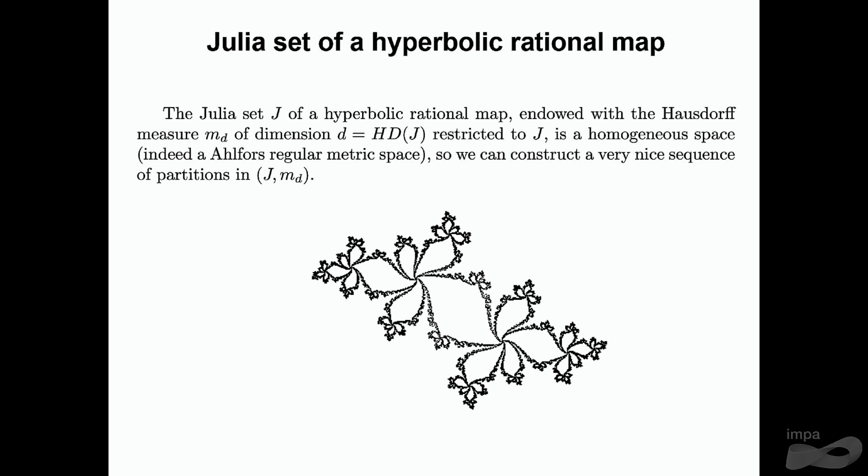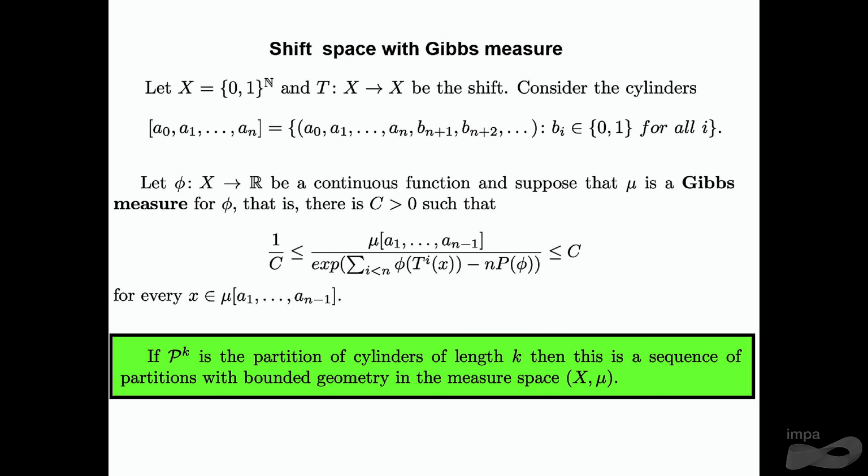And for a Julia set with a hyperbolic rational map, you can consider the Markov partition, for instance. And just to give a more dynamical example, if you pick a shift space with a Gibbs measure for a Holder potential, the sequence of cylinders with this Gibbs measure satisfies this property too. Okay, so you can apply this theory for this class of maps.